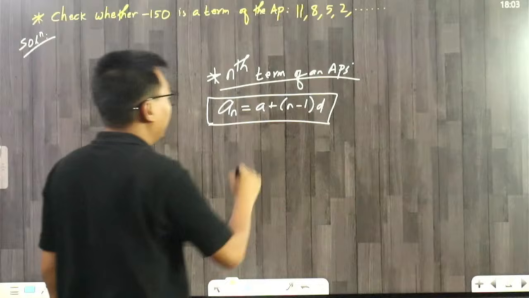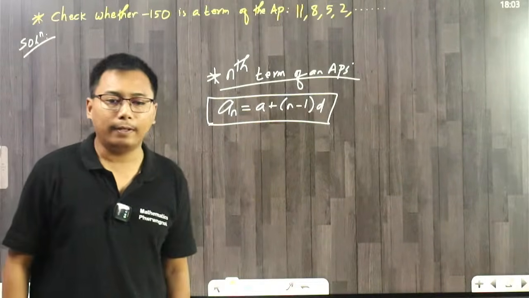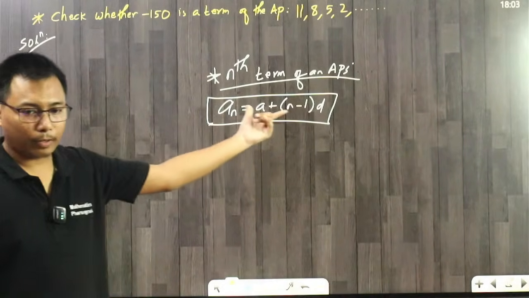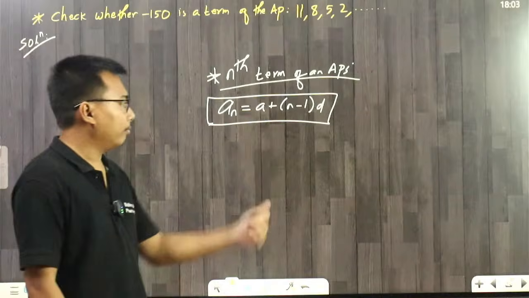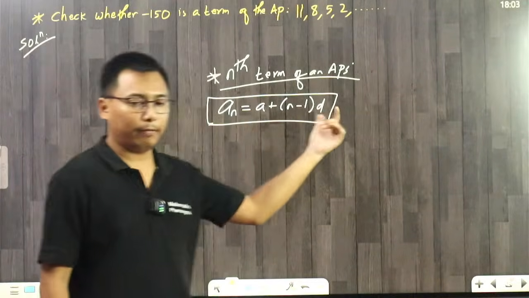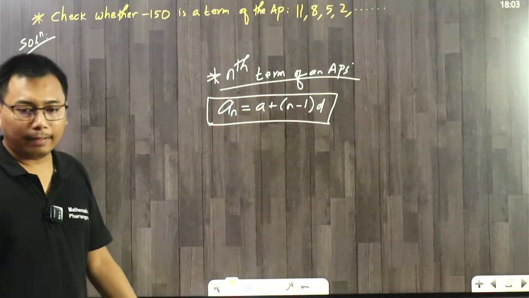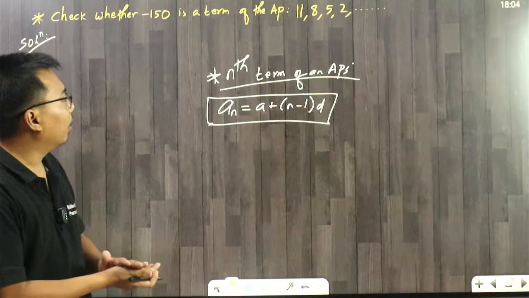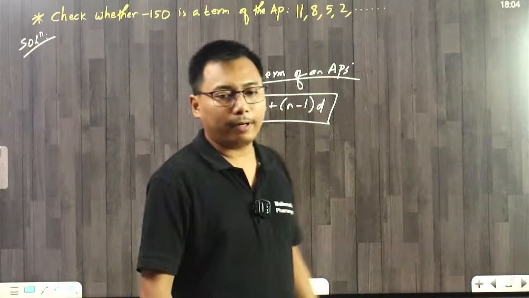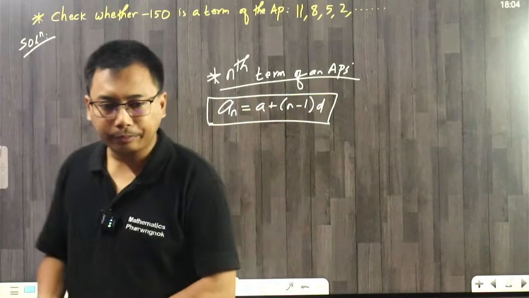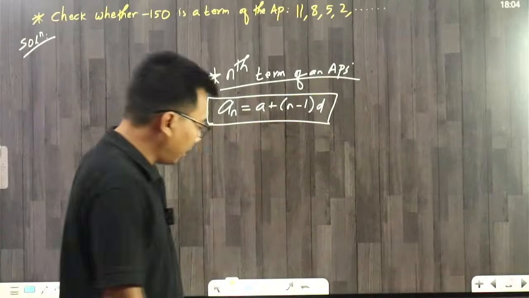We use this to find any nth term of an AP, where a is the first term, n is the number of terms, d is the common difference, and an is our nth term. All right, so let's start solving these questions.